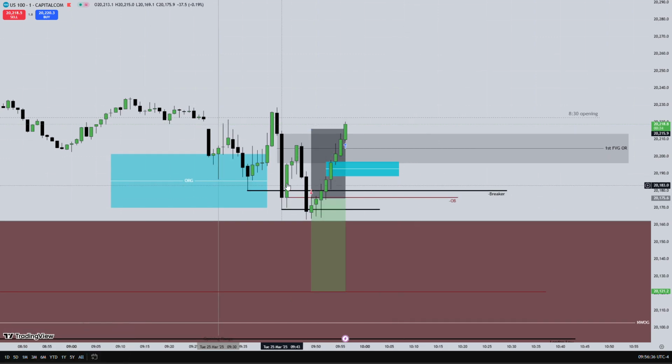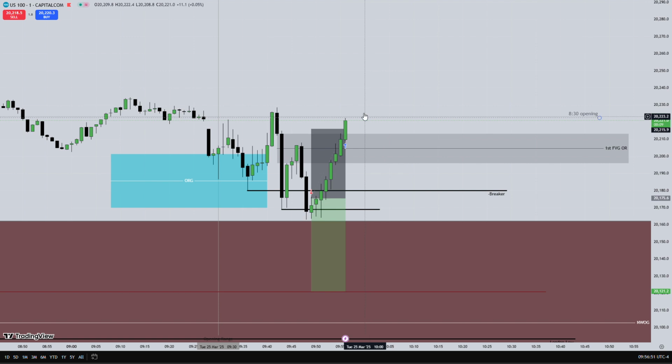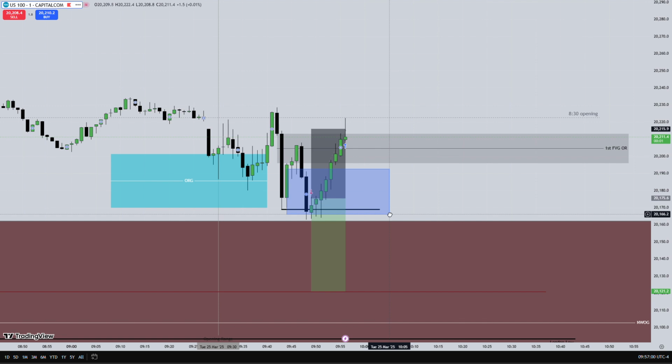So I have the breaker here. Another possible scenario here would be that price closes above this first presented fair value gap and starts to trade higher, because it is also below the A30 opening, so it might just be the case that price starts to trade completely higher.